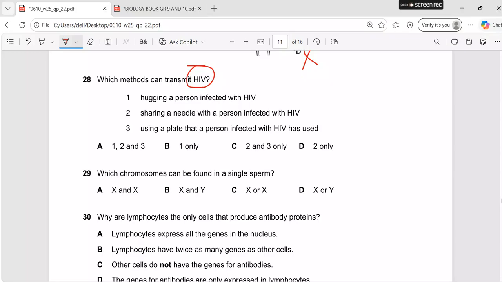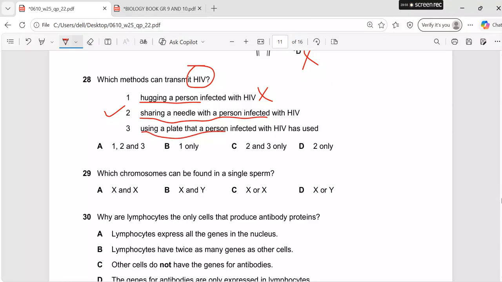Rather, it transmits through sexual contact or through fluid contacts, for example. So simply hugging a person, no. Sharing a needle with a person, yes, because it might contain a virus and it can contaminate the blood and it can go to the other person.